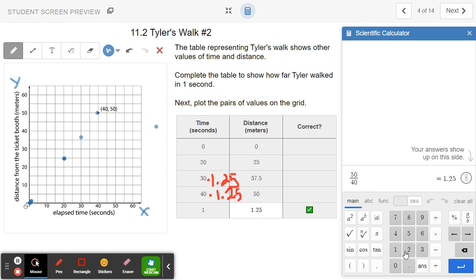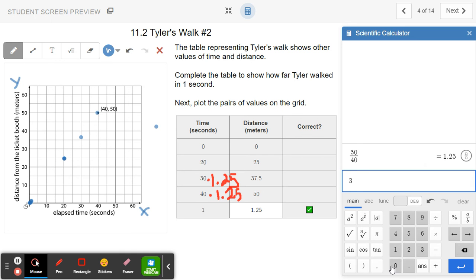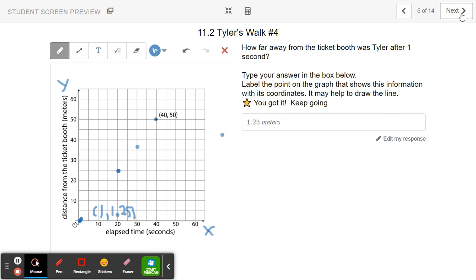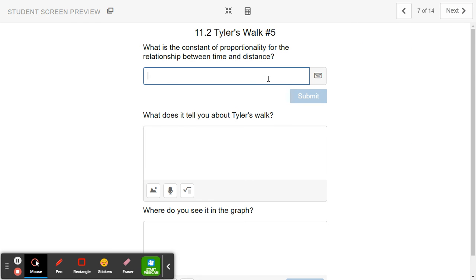We could even check that out. So 30 times 1.25 should give us 37.5, and it does, right? So we know our COP is 1.25 or 1 and 25 hundredths. Okay, so it's 1.25.